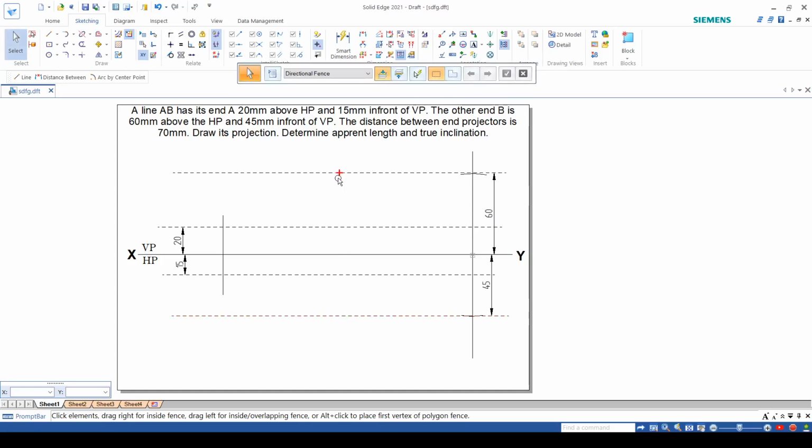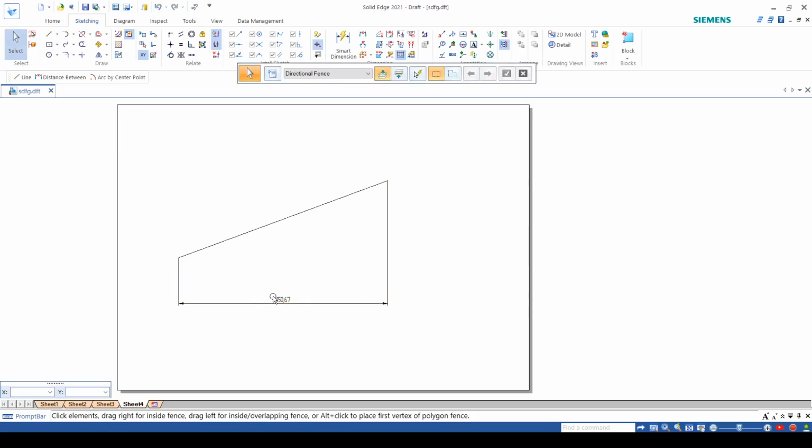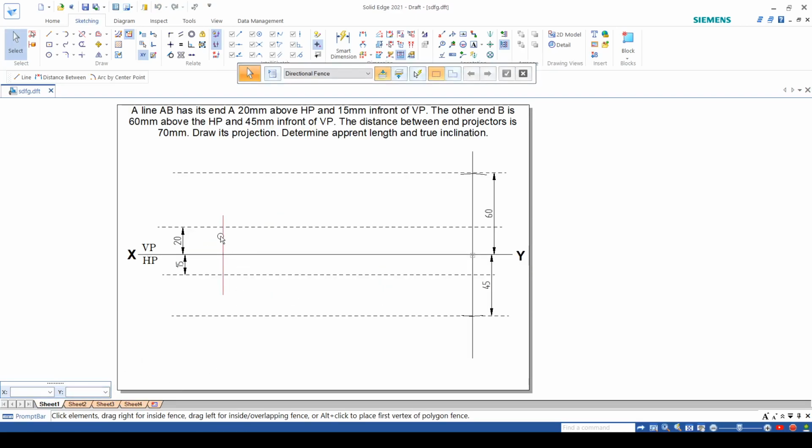Now, given that, we have the point A here. It's given that the distance between the end projectors is, as I have told you, this distance. So this is the projection and this is the distance between them. So how would we do it? From this point we would create a line which is 70 mm at a distance.